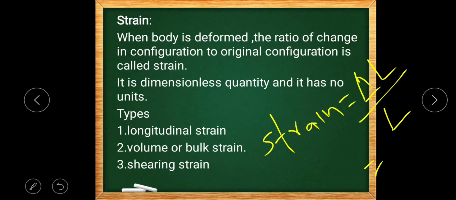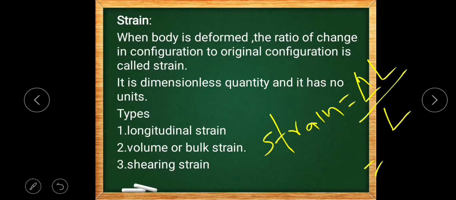Hence strain is a dimensionless quantity and it has no units because it is the ratio of two numbers. There are three types of strain: longitudinal strain, volume strain, and lastly shearing strain.